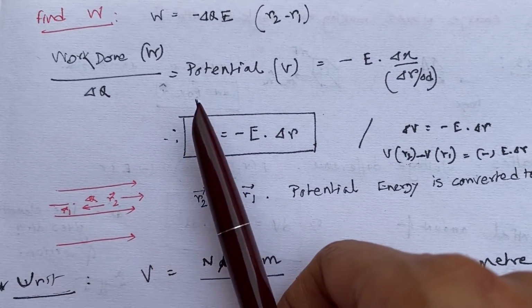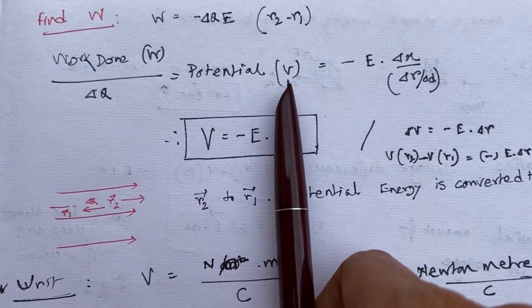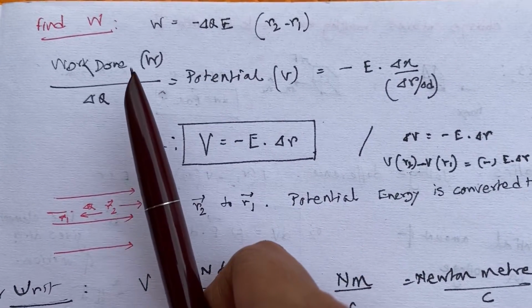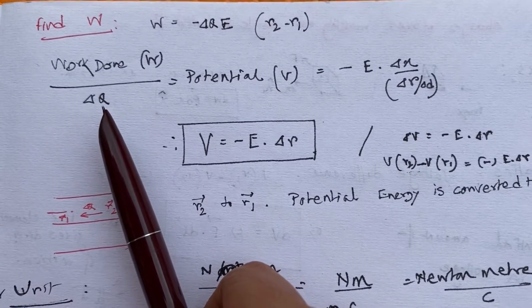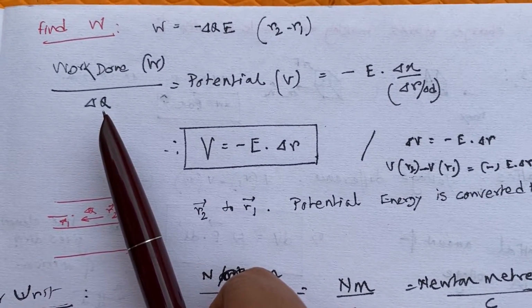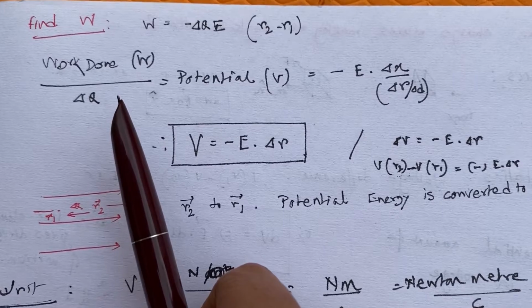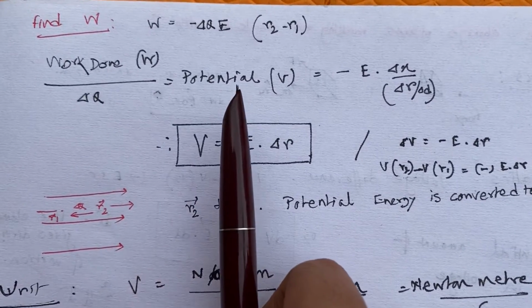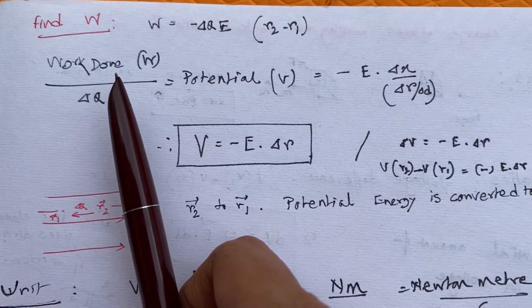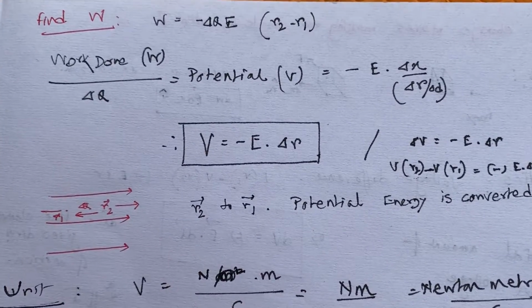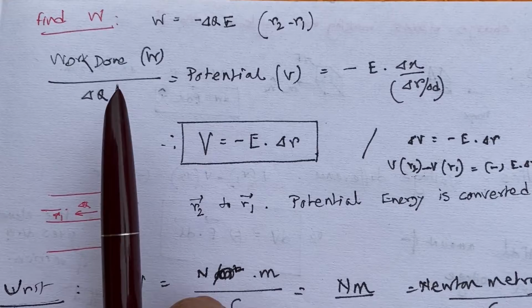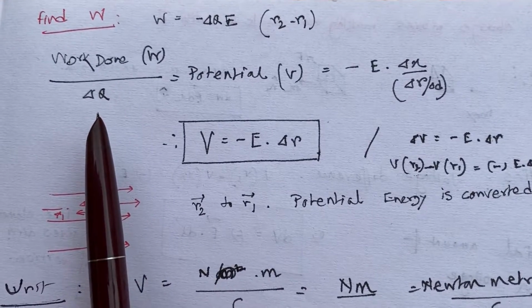And so when I define potential V, this is defined as work done on this delta Q charge divided by the magnitude of the charge itself. Now, if I want to work out the unit of this potential, work done shares its unit with energy. So the energy unit is joule, and delta Q has a unit of coulomb.